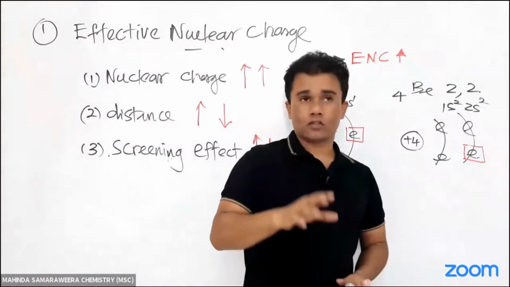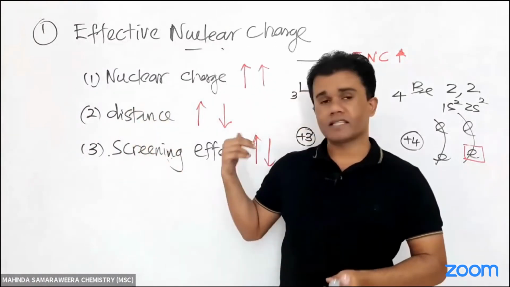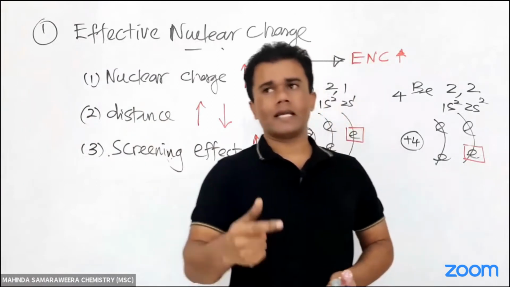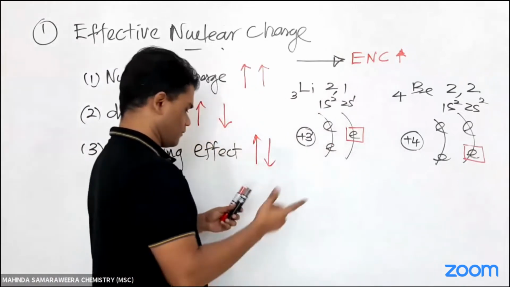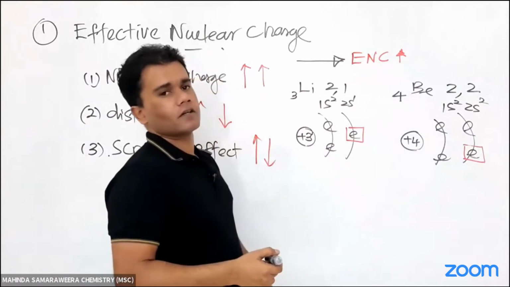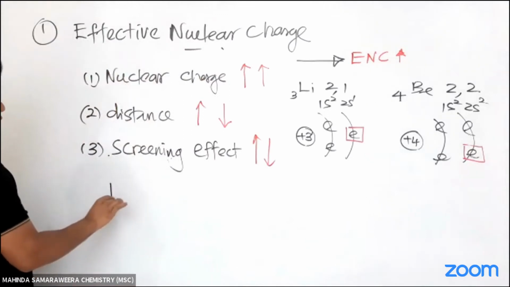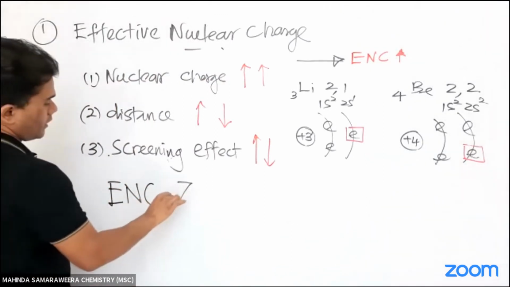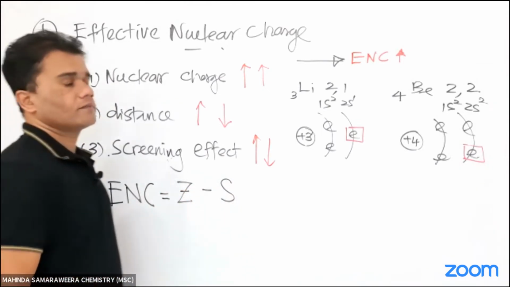Actually, there is an easy method to get it. So far, I explained the detailed method, the logical part of this one. But I can't remember whether I gave that one last week. There is a very easy equation to find out effective nuclear charge. So this one, effective nuclear charge is equal to Z minus S. That's the equation.